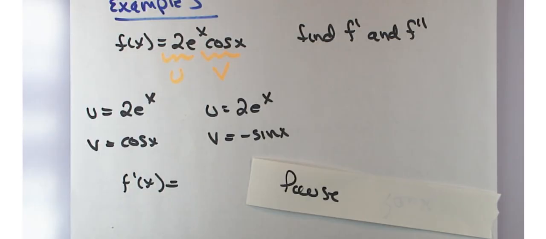But you're not adding those because they're not like terms. If this was a cosine of x, then you could get 4 to the x, etc. But you can do something here to kind of clean it up. It's in your best interest to clean it up. No, that's fine.